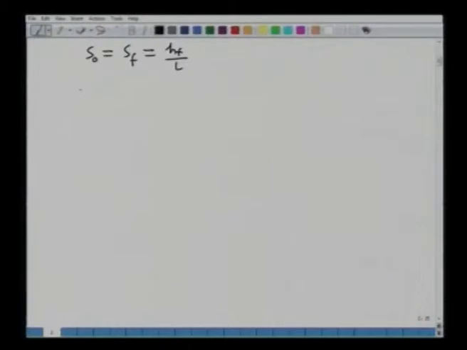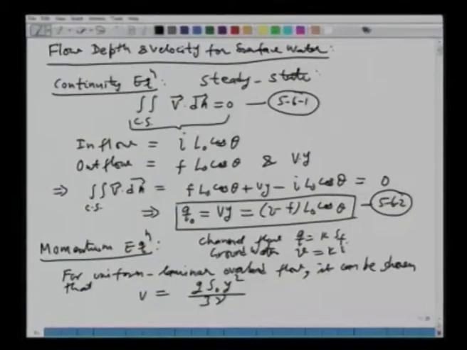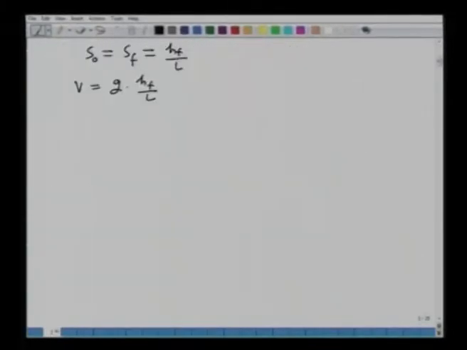With this we say that the velocity then will be equal to g times hf by L. All we are doing is writing this equation in which S naught is hf by L. So, we are slightly rearranging this. So, you have g times hf by L times y squared over 3 mu.